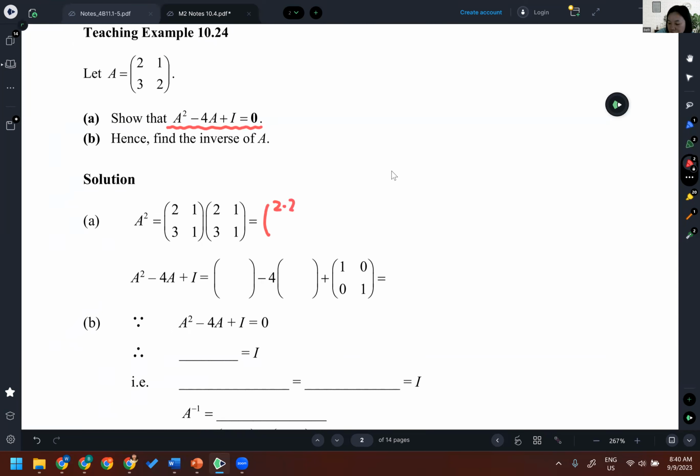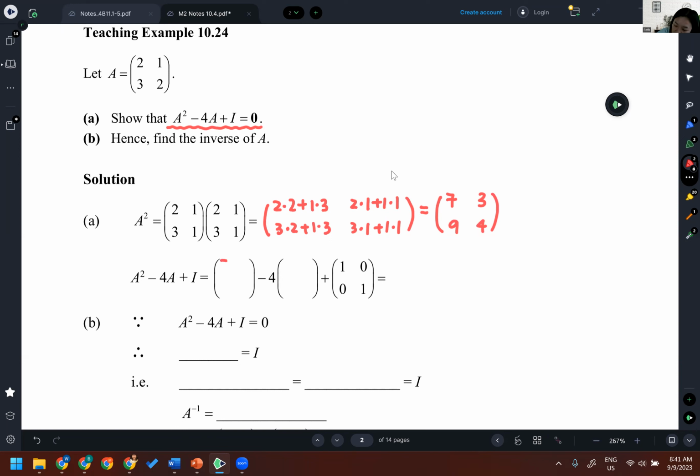It's 2, 2, 1, 3, 3, 2, 1, 3, 2, 1, 1, 1, and 3, 1, 1, 1. And this is 7, 3, 9, 4.